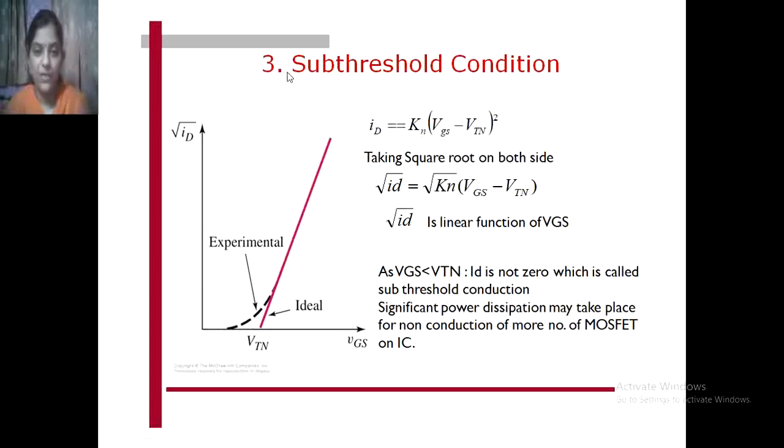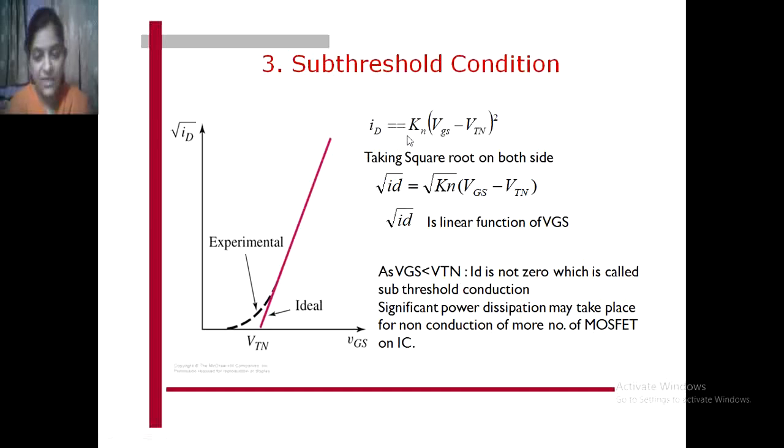Then the next point is the subthreshold condition. Here the square root of ID is plotted with VGS. If you see the experimental result, you will get a curved shape like this, and when you plot the ideal characteristics, you will get a straight line.